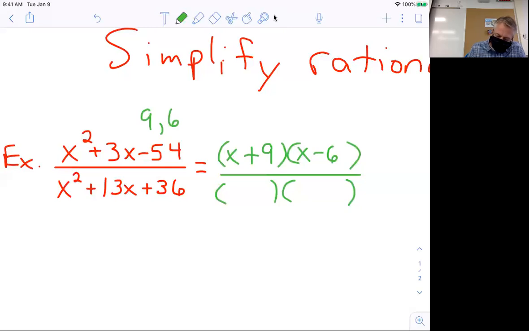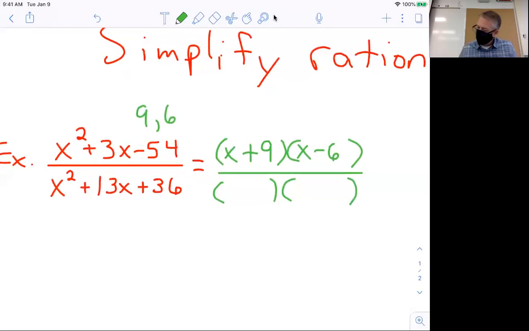So to do the next one, we have x and x. And now I want factors of 36. Well, 36 and 1 is not going to work because I can't get 13 from that. 6 and 6 doesn't work because I can't get 13 from 6 and 6.